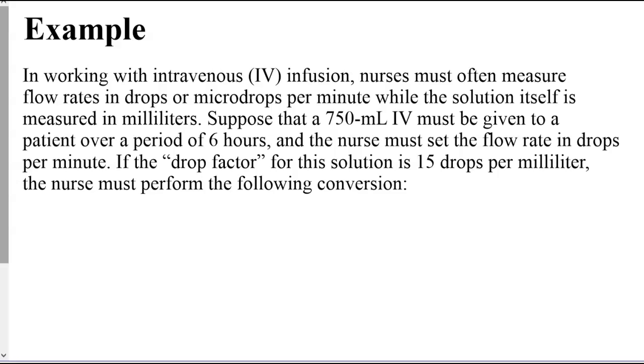So it comes in a bag and it's measured in milliliters or liters. And suppose that you have a 750 milliliter IV that must be given to a patient over a period of 6 hours. The nurse must set the flow rate in drops per minute, and the drop factor for the solution is 15 drops per milliliter. The nurse must perform the following conversion.